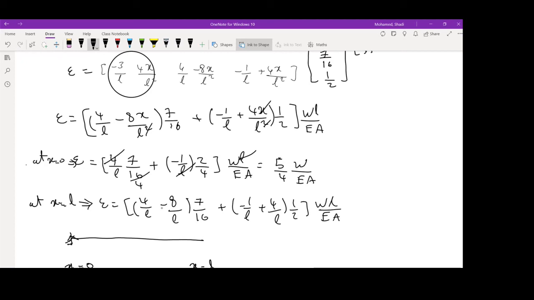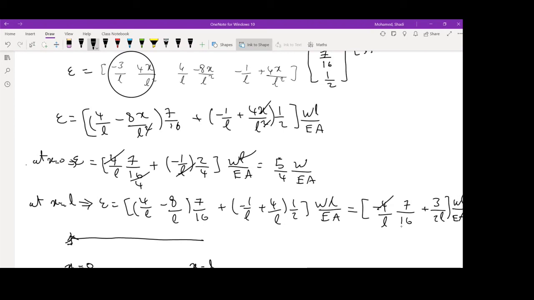Okay. Now, we have 4 and minus 8. This is going to be minus 4. Minus 4 over L multiplied by 7 over 16. Now you have minus 1 plus 4. This is going to be plus 3 over 2L. And this is multiplied by WL over EA.